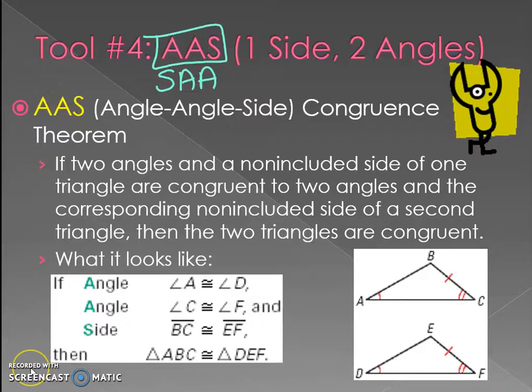But that's okay, because if you actually have these two angles congruent to each other, we can assume that angle B and angle E are congruent to each other, because the sum of angles in a triangle is 180. So if I have these two the same, then B and E are going to be the same. You're going to subtract these two angles from 180. So then this side and this side will be congruent to each other.